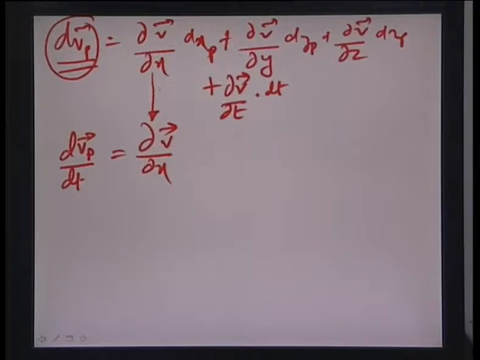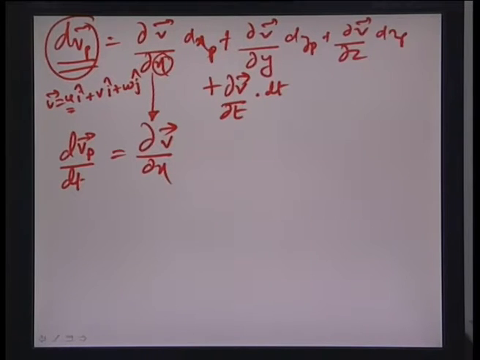Suppose your v vector here is comprised of three components u, small v and small w. Therefore u really is differentiable only with respect to x and not in time, okay.